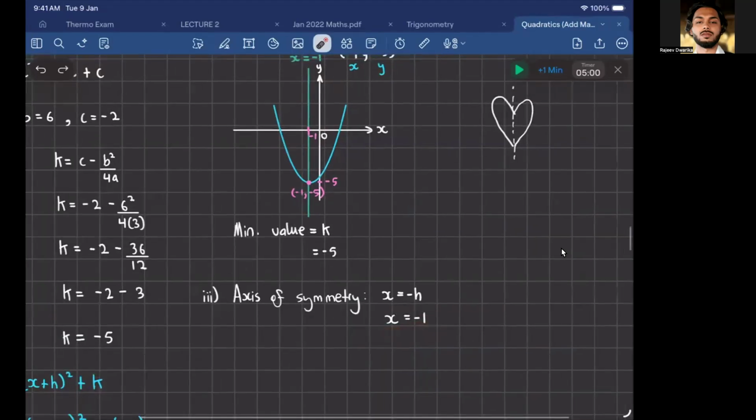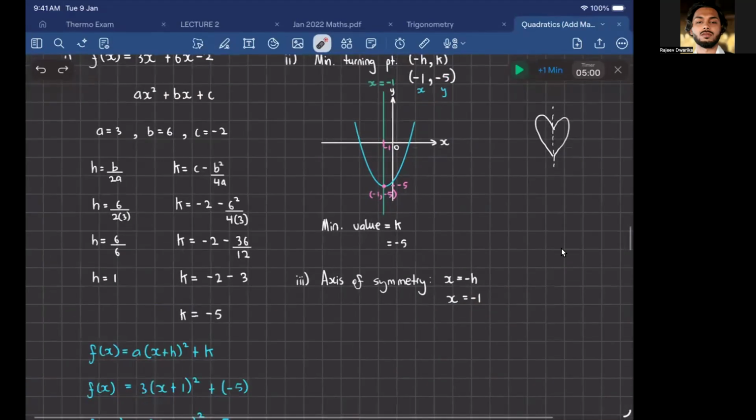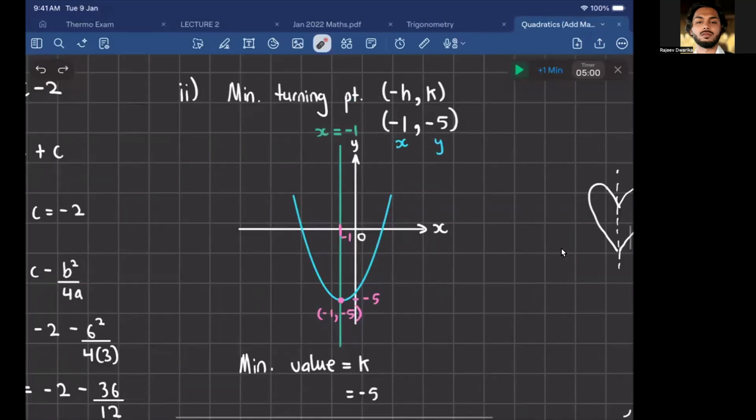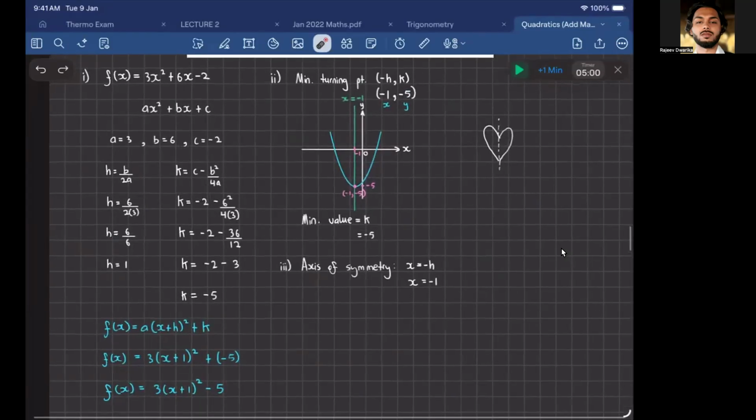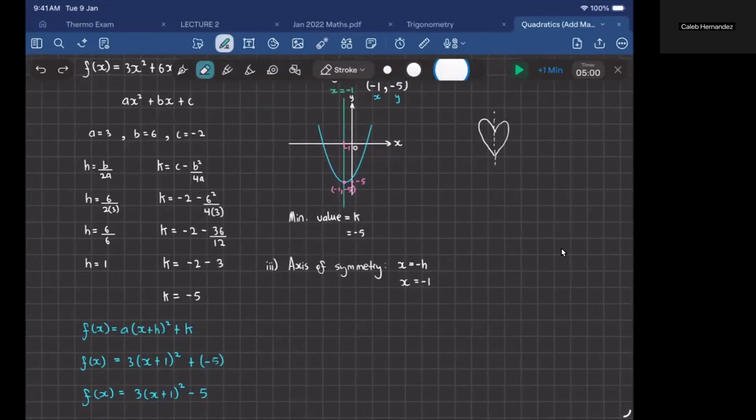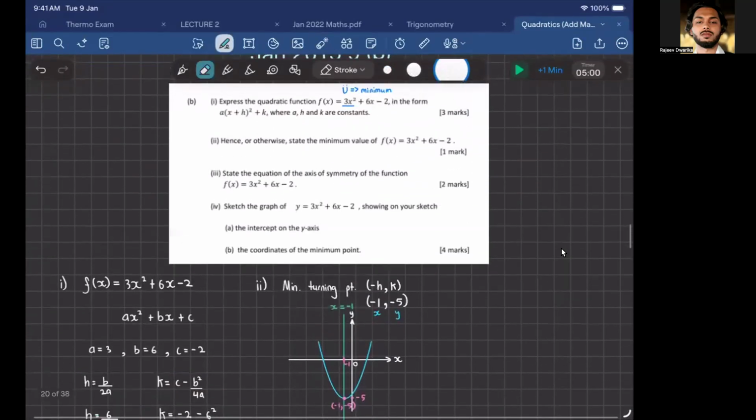Now, -h in this question would be -1 because we found h to be 1. As you can see from the graph, if you draw a line passing through the middle, the line passes through -1, which we know is -h. Is everybody with me so far? Okay, let's move on then.